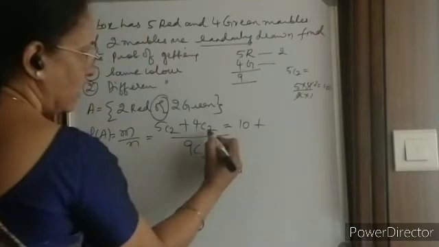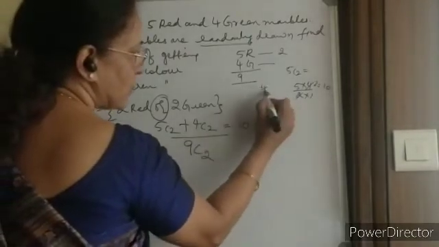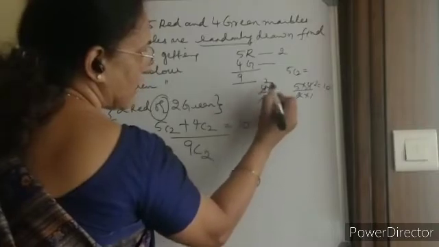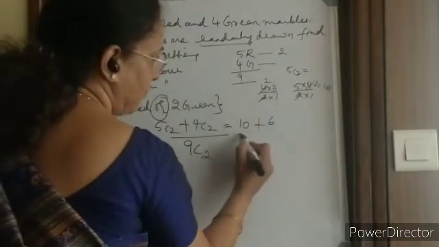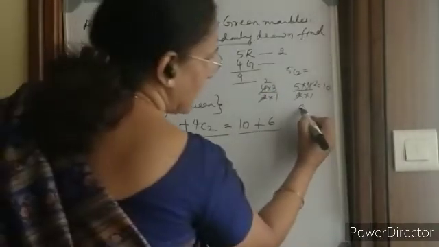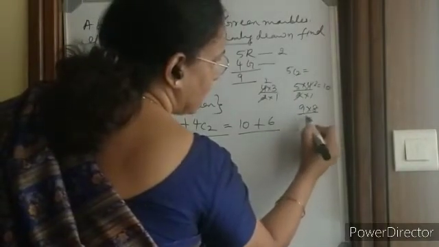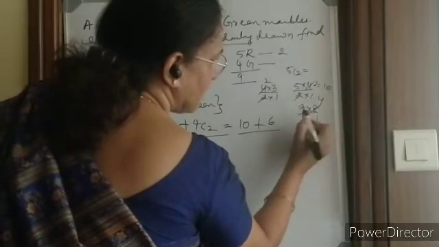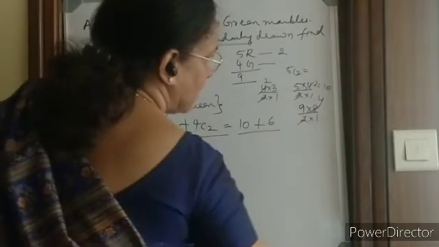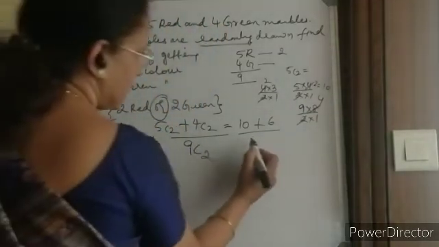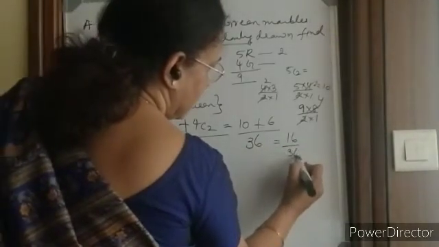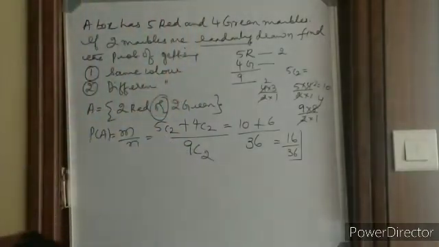Same way, I want now 4C2, only 2 numbers. So 4 into 3 by 2 into 1. So 2 you can cancel, so 6 it will become, divided by 9C2, same way. So 9 into 8 divided by 2 into 1. So you can cancel. Fine. So this will be your 36. So altogether you get 16 divided by 36.